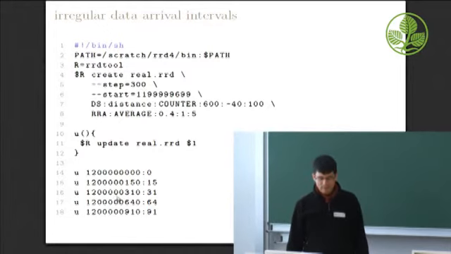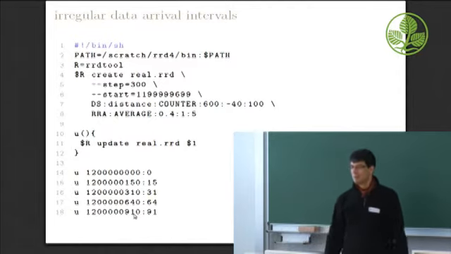And now these updates we're feeding are not at 300-second intervals. They're actually on the hour, and then 150 seconds later, 310 seconds later, 640 seconds later, and 910 seconds later. Rather irregular, but who knows?